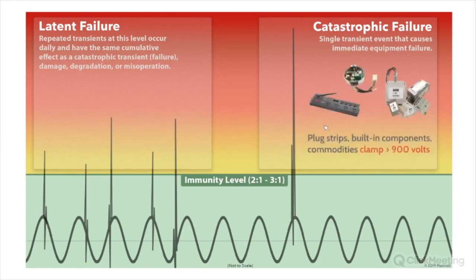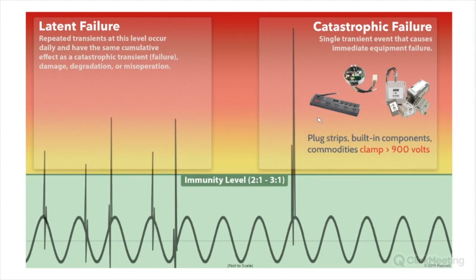So we want to talk a little bit about types of transient surge protection devices. And we show plug strips, built-in components, commodities, and what we mean by that is just something you get on the web, go on the internet, you buy it on Amazon, it comes to you, and you don't get any help with the application, you just put it on.